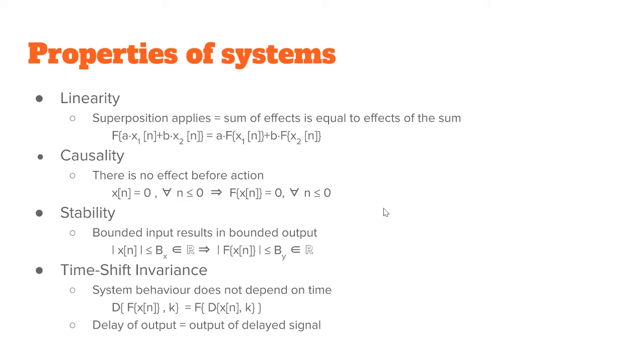The fourth one is about time shift invariance, meaning that the system does not change as a function of time. So behavior does not depend on time. A parking meter is actually a good example of a system which is not time shift invariant.